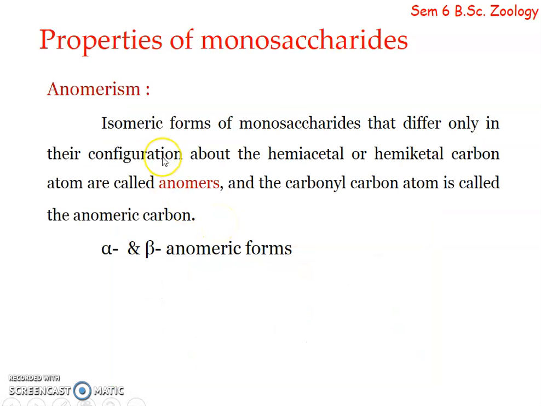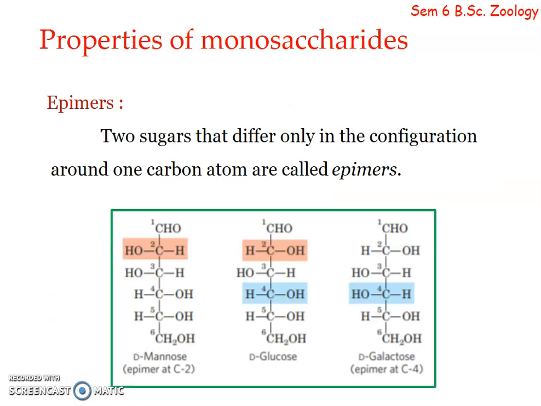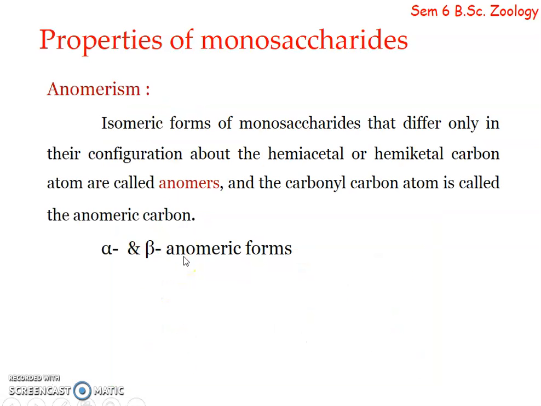Now, anomerism. Before we go into anomerism, we need to know that monosaccharides can exist in linear chains like this and also in cyclic form. So before anomerism, we need to know the cyclization of monosaccharides.